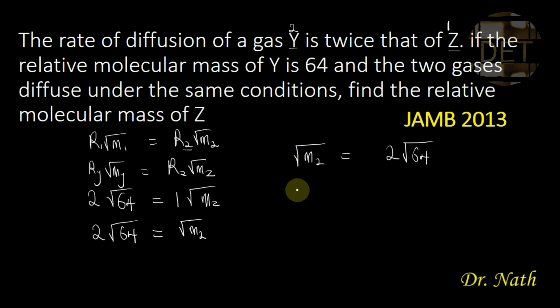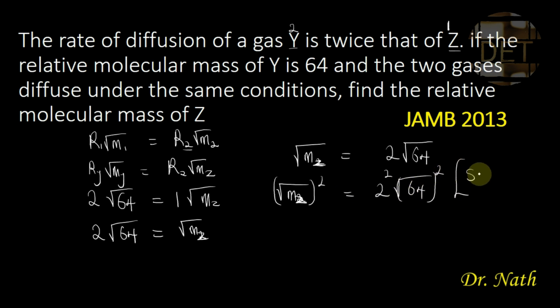So my expression now will be square root of MZ, because that's our gas 2, which is Z, all squared is equal to 2 square root of 64 squared. So I squared both sides of the equation.